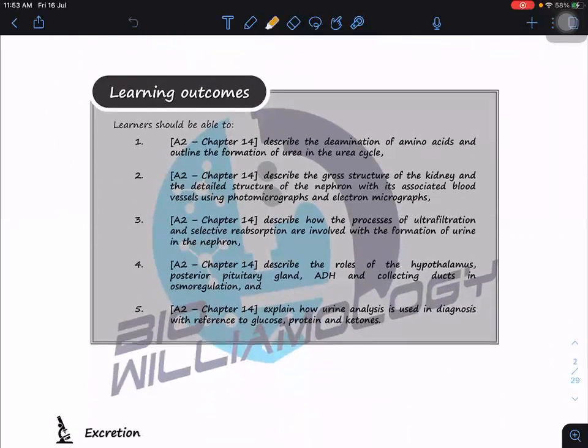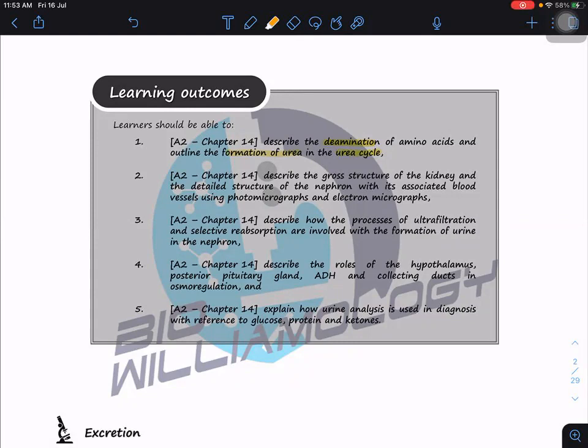Okay, so now look at this. What we're going to learn in these subtopics. Number one, we're going to describe the process called deamination. So de means remove. Deamination here means removal of the amino groups or amine groups from the amino acids, and outline the formation of urea in the urea cycle. Another name for the urea cycle is the ornithine cycle.